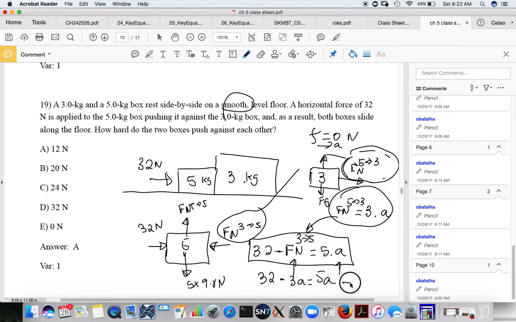And then from this equation, I find the acceleration is equal to 4 meters per square second, and then I can find what do I need to find? Oh, then I can find the force with which they push one another, which is 3 times 4, 12.